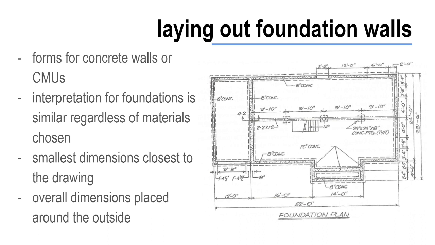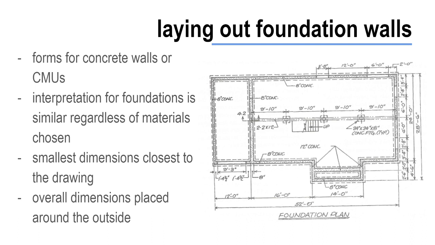When you're using cast in place concrete and it has hardened for your footings and the forms are removed, you can have the carpenter create the forms for your concrete footing or concrete wall, or you can have your mason start laying the blocks for a CMU foundation. Although those materials differ, the drawings are interpreted pretty much exactly the same.